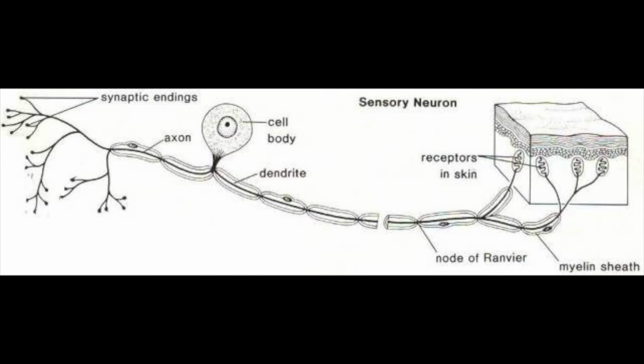Sensory neurons, their dendrites, don't connect with other nerve cells. They connect with specialised receptor cells in the senses which collect information from the outside world.